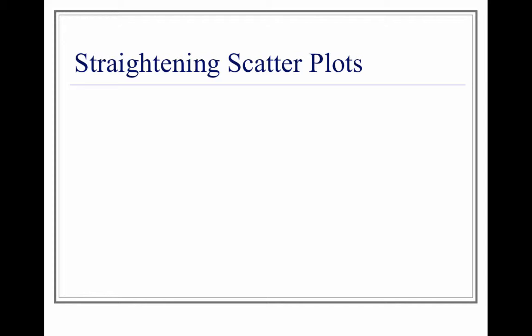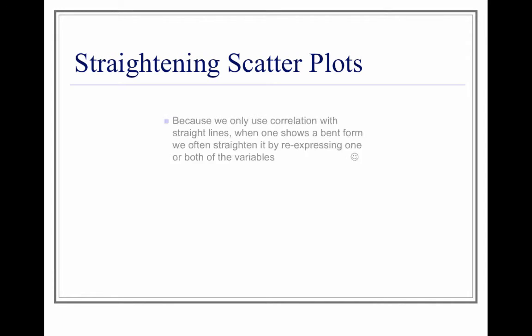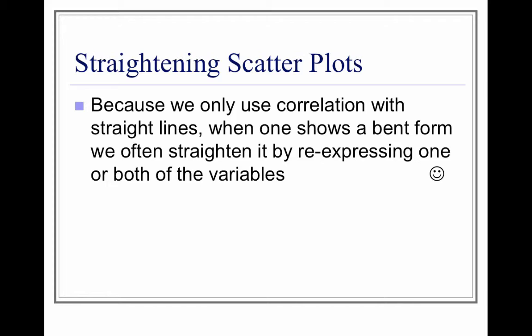Okay, straightening scatter plots. We're going to spend a lot more time on this in chapter 10, but I want to introduce it right now as a quick introduction. Because we can only use correlation for straight lines, when the relationship shows a bent or slightly curved relationship, we can often straighten it by re-expressing one or both of the variables.